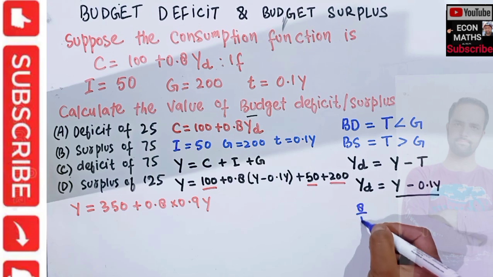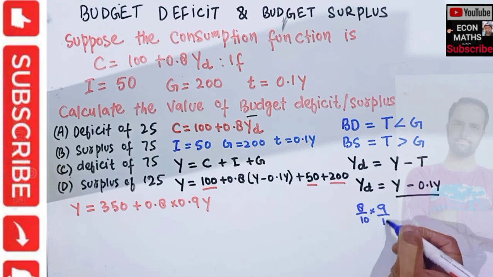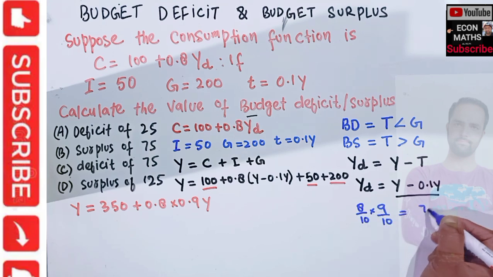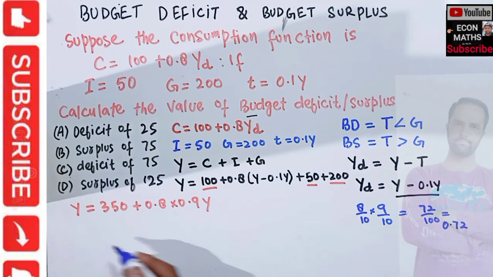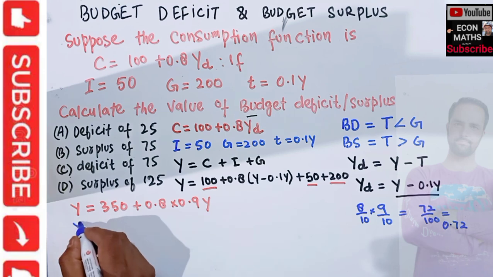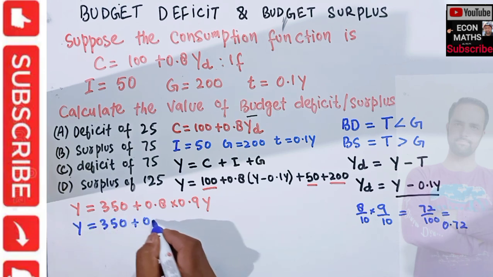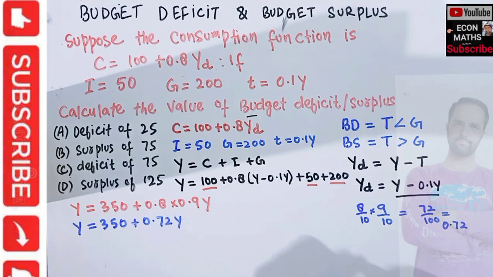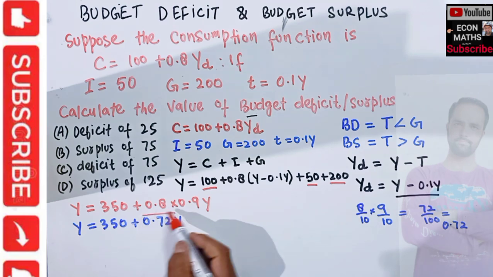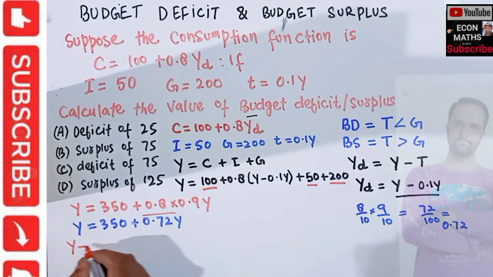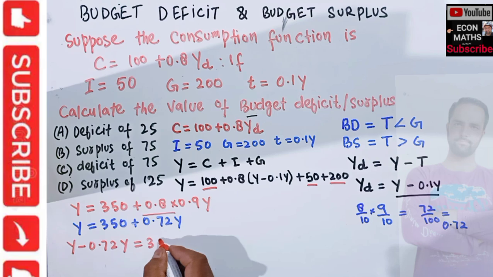It is 8/10 times 9/10, which is 72/100, that is 0.72. So Y = 350 + 0.72 Y. Now we simply transpose this term to the left-hand side: Y - 0.72 Y = 350.